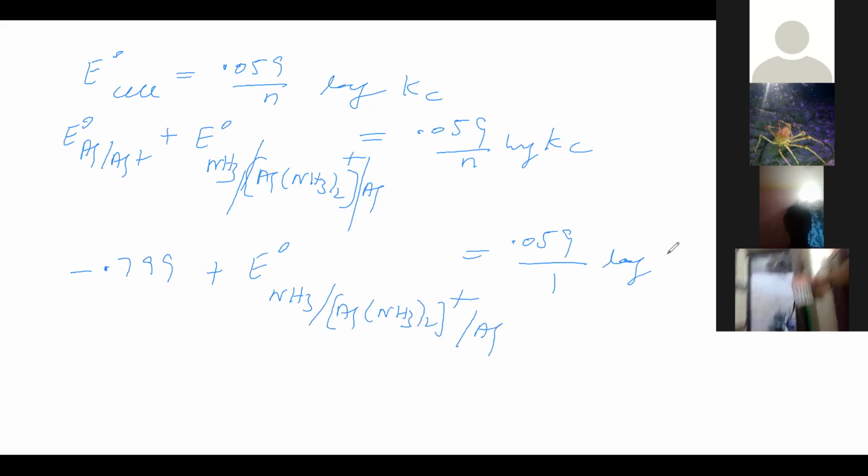The equilibrium constant given is 6 into 10 to the power of minus 14, from which we get the electrode potential E naught for the Ag(NH3)2 plus bar Ag electrode. The E naught value is 0.019 volt.